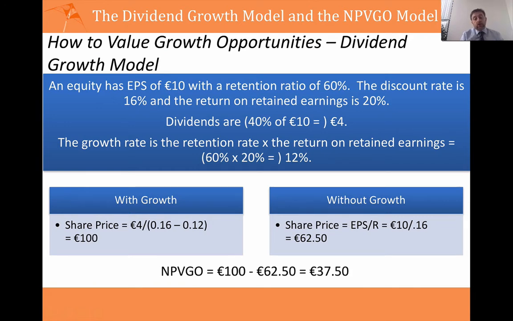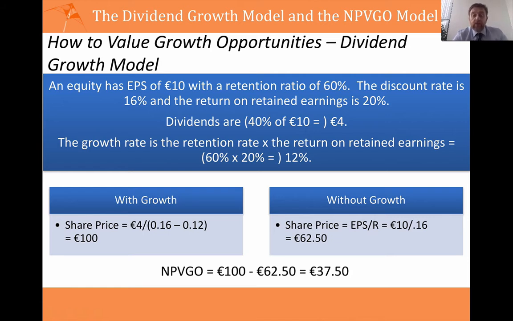Now we can look at, what is the value of the company without growth? We have the earnings per share. Remember, you're not keeping anything back to invest, so everything is getting paid out in the form of dividends. Given that is the case, then the dividends are equal to the earnings. So the share price is equal to the earnings per share divided by the discount rate.